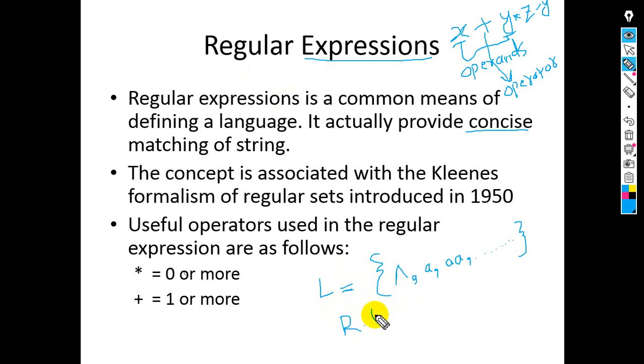So here we can write the regular expression for this as A asterisk. You know about this asterisk, the Kleene star closure. Now this is the representation of the language. This is the definition of the language, which is very concise, very short.